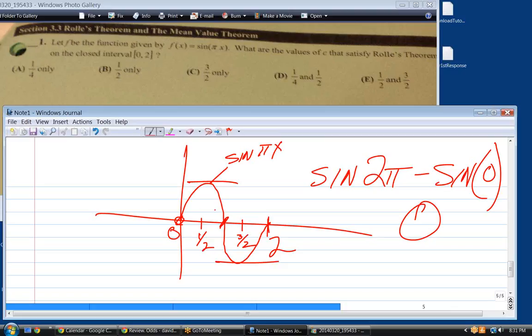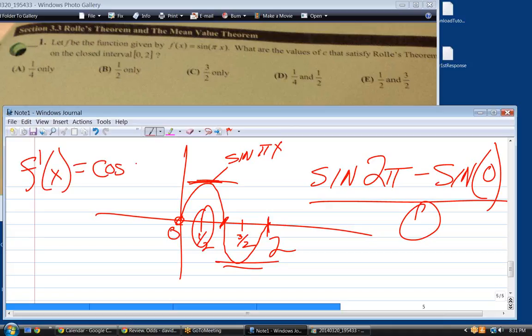You see why? Yeah, because that's where... Yeah, in other words, just reading it. Now, I solved that graphically, not mathematically. Although I did have to find the average slope between those 2 points. And then I merely needed to find where the derivative is 0, that's the way to solve it mathematically. If I take the first derivative of sine pi x, I get cosine of pi x times pi. So that's the first derivative, and I want to set that equal to 0.